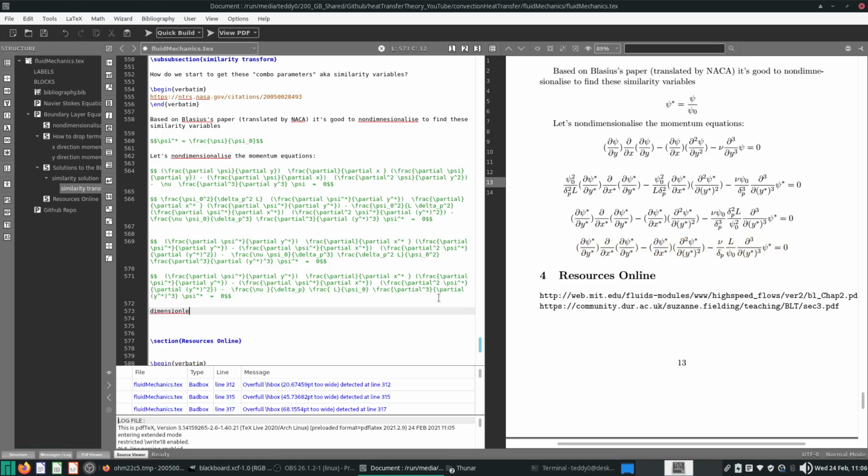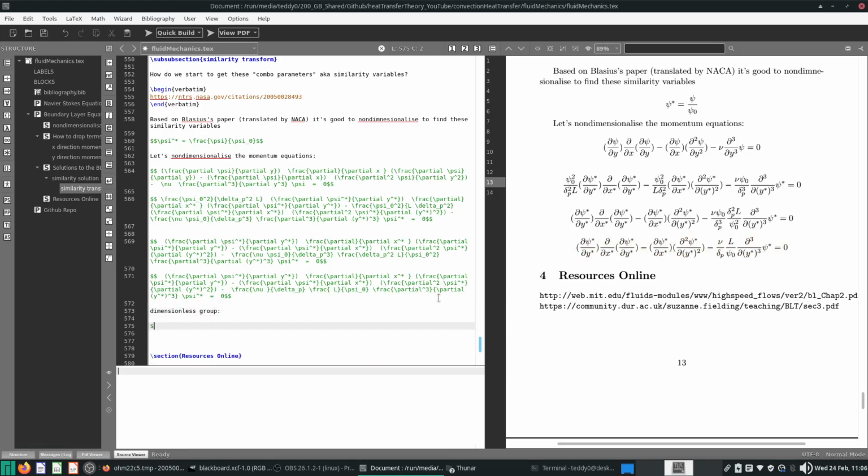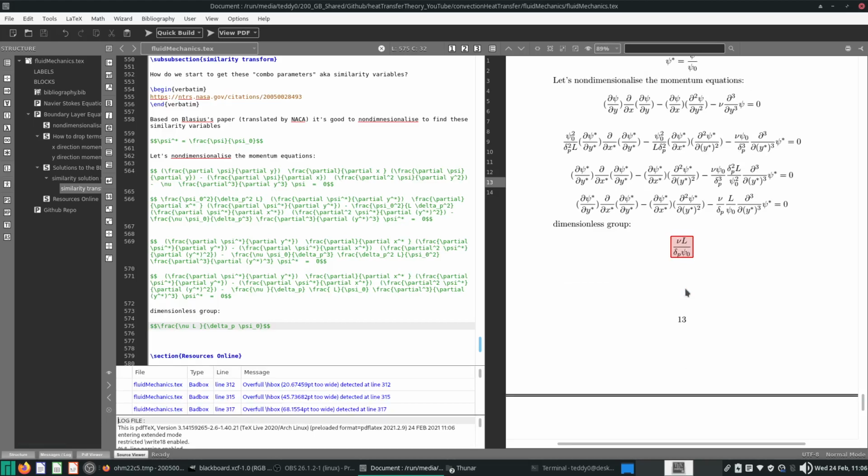What's this dimensionless group? We have a nu, we have the L, and we have delta p at the bottom, and of course psi naught. This is the dimensionless group that comes out. It's analogous to Reynolds number, but it's not really a Reynolds number anymore. But this is good. What should this be? This should be on the order of magnitude of 1.